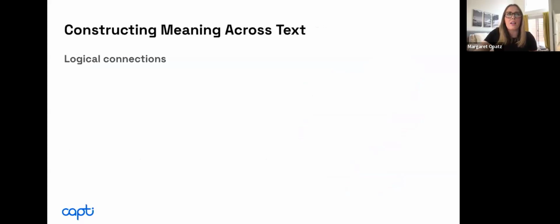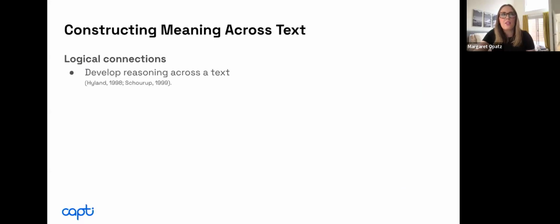So when we construct meaning across the text, there are a few things that we have to know. There are specific linguistic markers that are used, and one of them is called a logical connector or a discourse marker. And these have different uses.